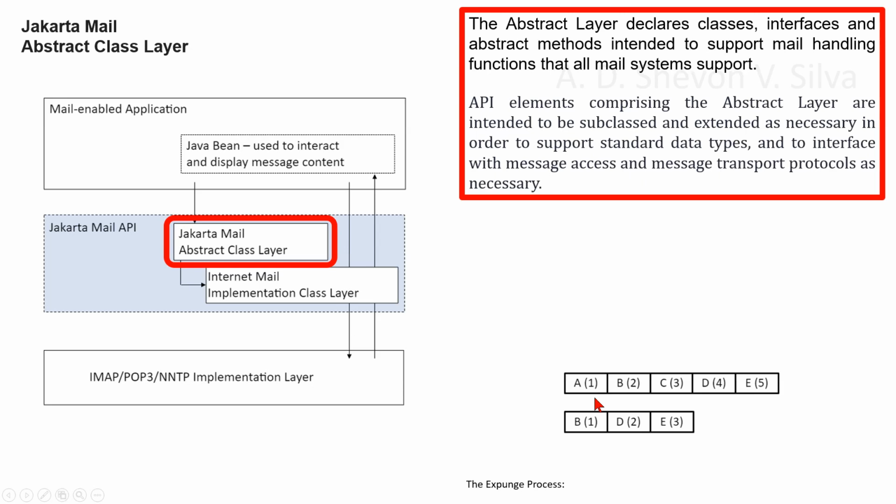This means that the following state is maintained when the folder is implicitly expunged. Get message returns expunged message objects together with valid message objects. However, an expunged message can throw the message removed exception if direct access is attempted.